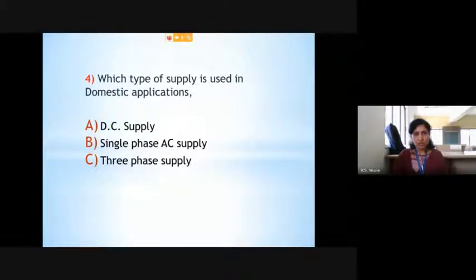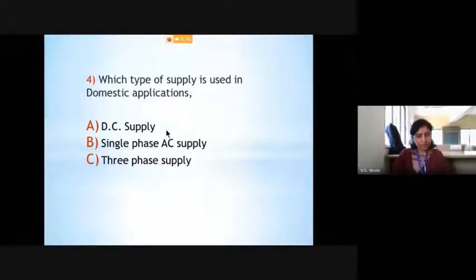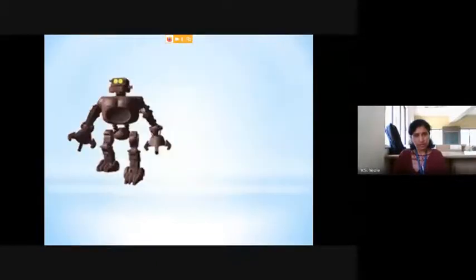Now the last question: which type of supply is used in domestic applications? We are using daily electricity. So which type of supply are we using? Put your answer in the chat box. Okay, right answer. So daily we are using single phase AC supply for domestic applications.